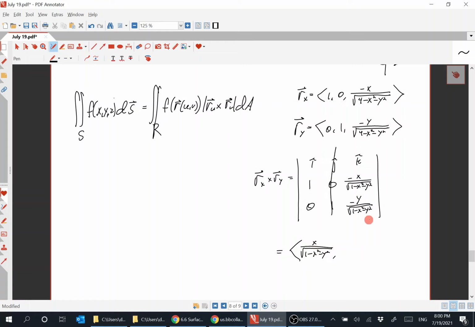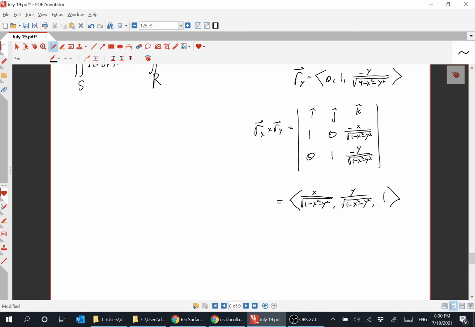In the y coordinate, you have this minus 0, negated, which is that. And then in the k coordinate, you just get 1. So that is Rx cross Ry.